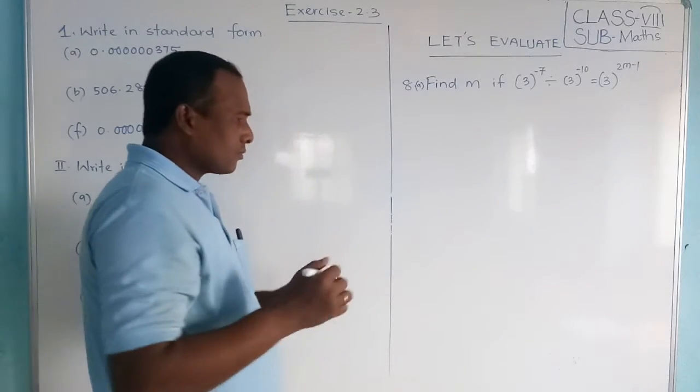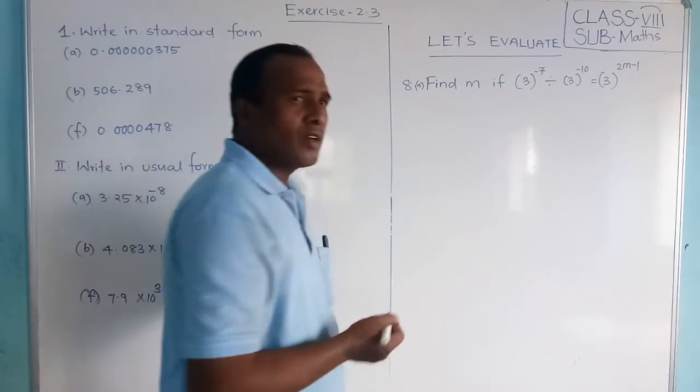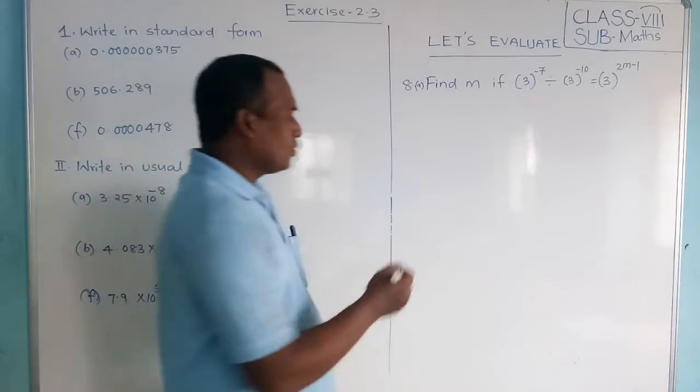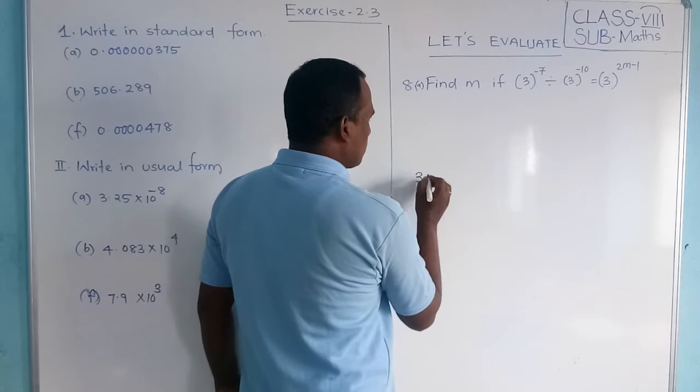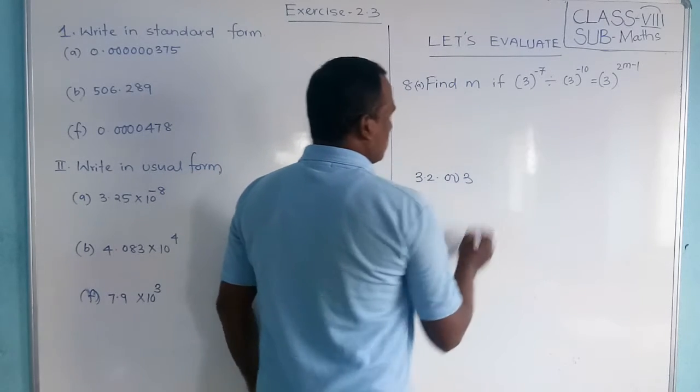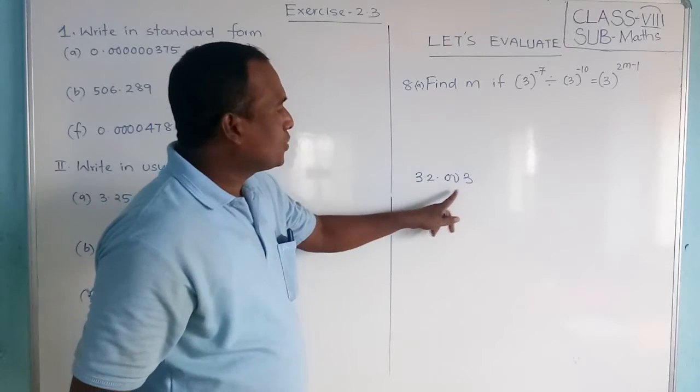So students, in previous classes you have already learned decimal number multiplication. Suppose 32.003.